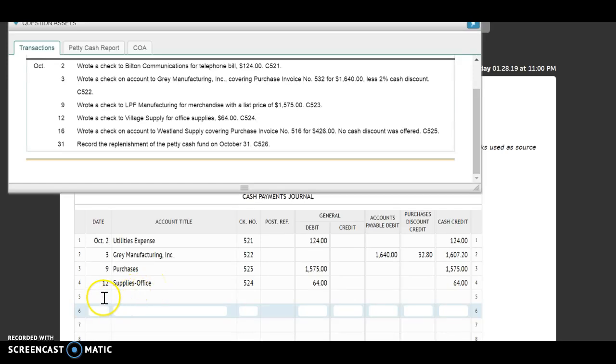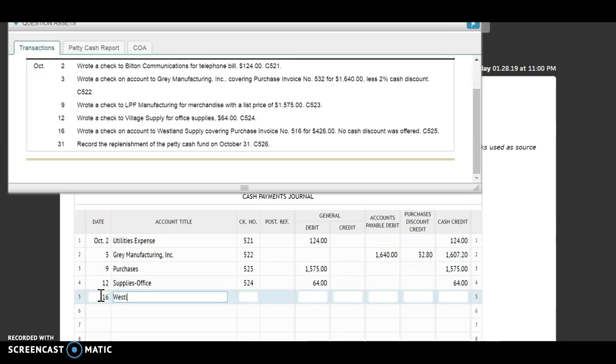The 16th, we wrote a check on account to Westland Supply covering purchase invoice number 516 for $426. There was no cash discount that was offered. We used check 525. Now, in this case, we are paying Westland Supply for a purchase invoice. We are paying them for money that we owed them.